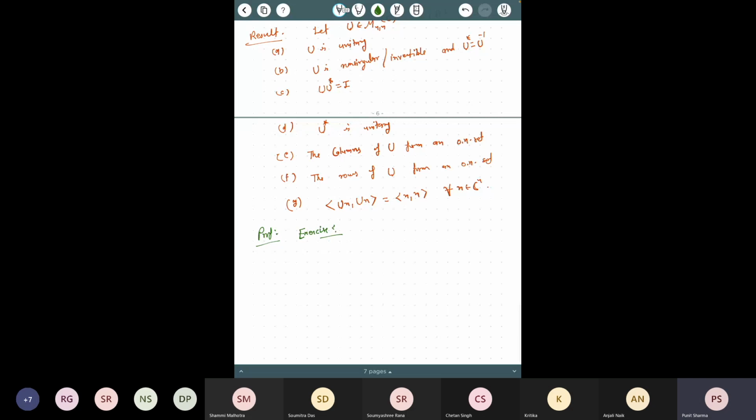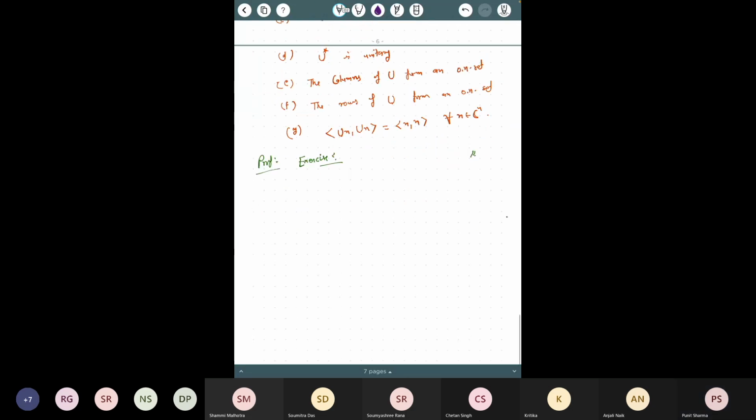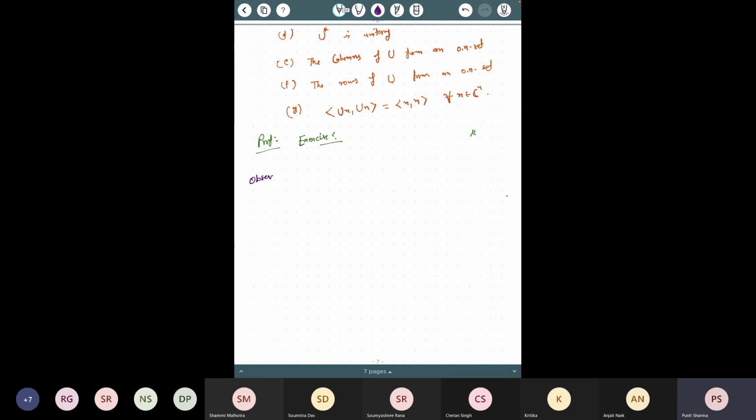Okay. Not only this, there are some other properties also. If you look at the collection of all unitary matrices, the set of all unitary matrices in this space, you can make an observation here. Suppose this is the set of all complex matrices of size n cross n, and this is the set of all invertible, that is non-singular, matrices of size n cross n.